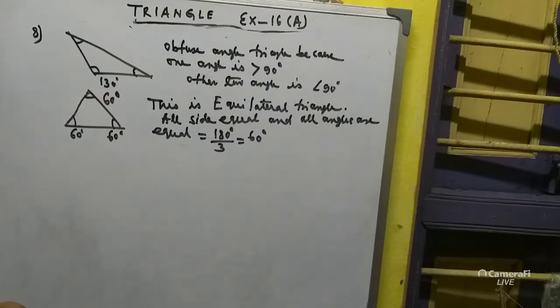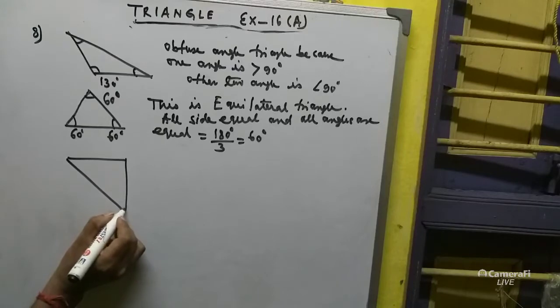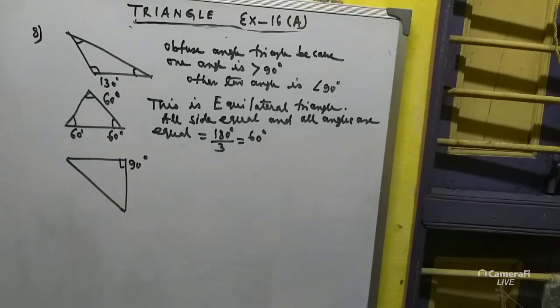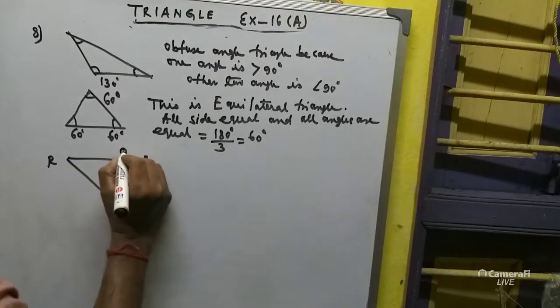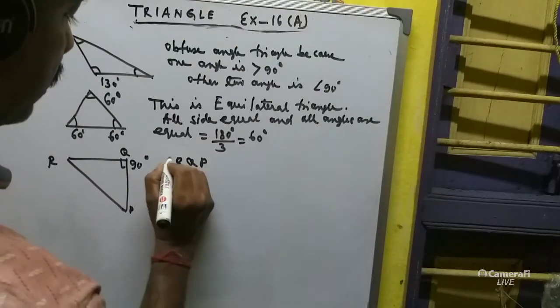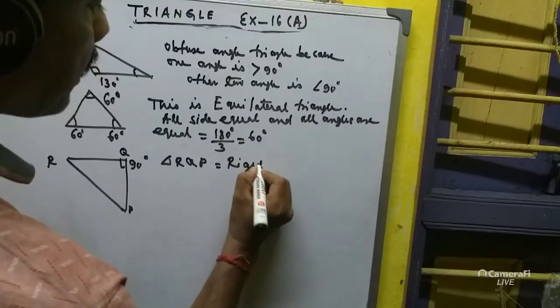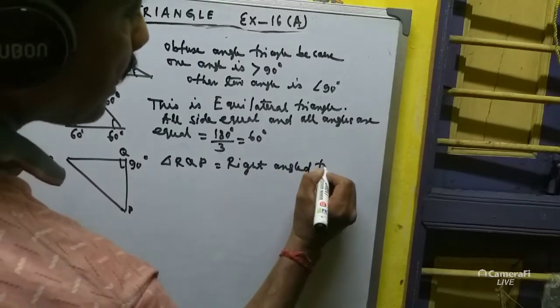Next, this is 90 degrees. In this way it is given. This is 90. The name given is RQP. So RQP is a right angled triangle.